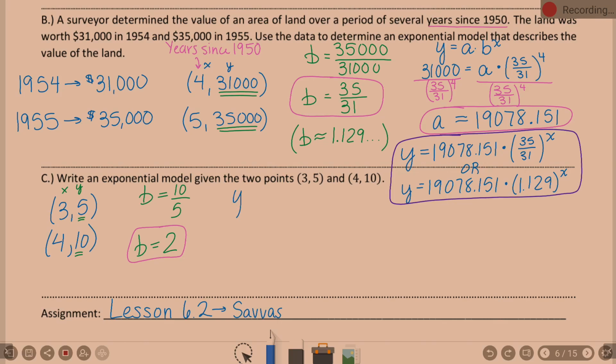Y equals a times b to the x. How do you find a?